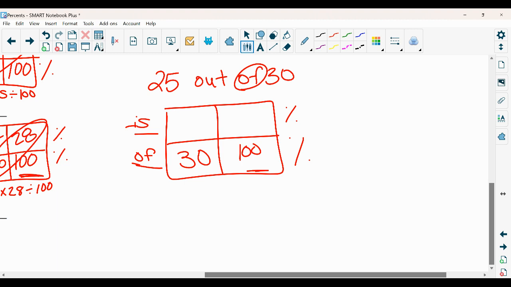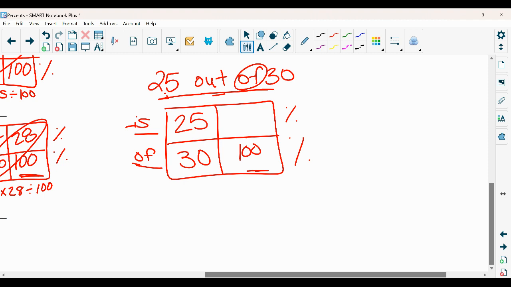If I get stumped right here and I don't know what to do, do I have a percent sign in that problem? Is any number up here attached to a percent? So can it go in the percent box? No. This 25 is the part that I got right. So that 25 is going to go in the is part. And now I can calculate my grade.